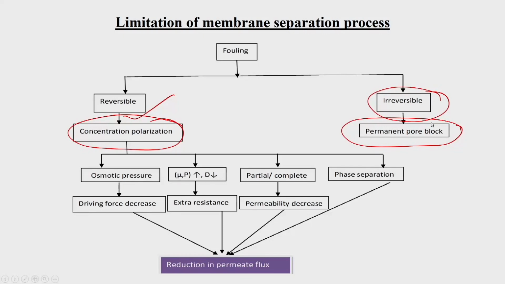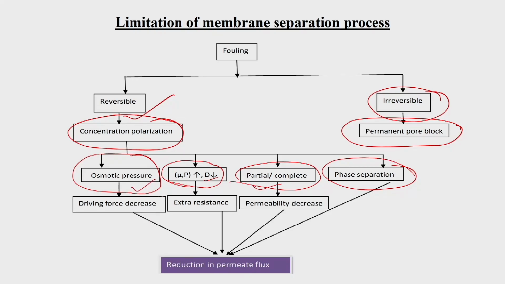Due to permanent pore blocking, the permeability of the membrane is lost permanently. But for reversible fouling, due to the concentration gradient polarization, the osmotic pressure increases, the viscosity increases, and the diffusivity value decreases. Partial or complete pore blocking starts, and phase separation also starts.